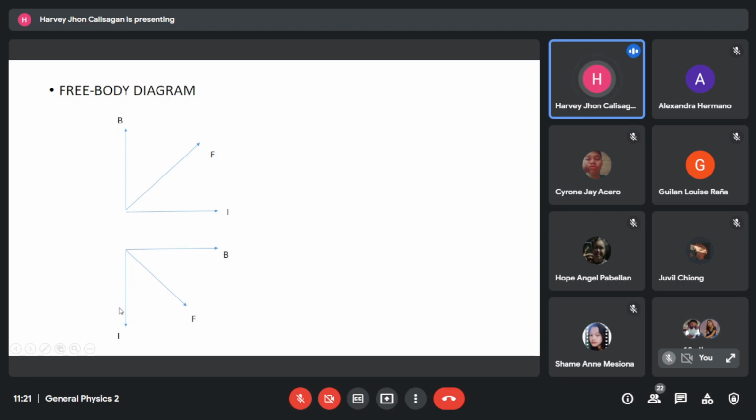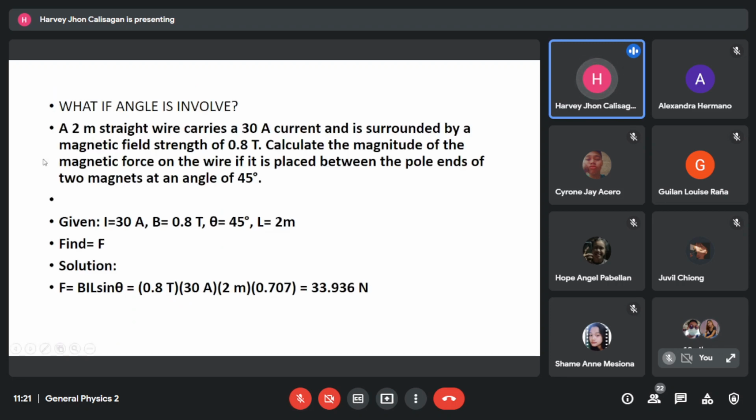So to relate this, what if angles are involved in calculating for the magnetic force? What if the force is diagonally influencing the magnetic field and the current? So for us to understand more the concept of why magnetic force is diagonally interfering with the connection of the field and the current, we have this problem set. Okay, a 2 meter straight wire carries a 30 ampere current and is surrounded by a magnetic field strength of 0.8 Tesla.